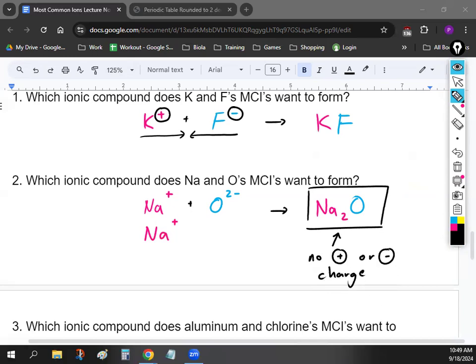Make sure you write this down in your notes somewhere, because I always get people writing plus and minus on the final product, like plus here, minus here. You can't do that, because once they combine, the positive and negative charges are balanced out, so they don't exist anymore. So don't put positive and negative on the final answer when you combine the cation and the anion, okay?